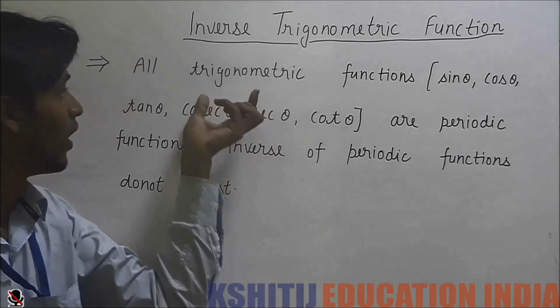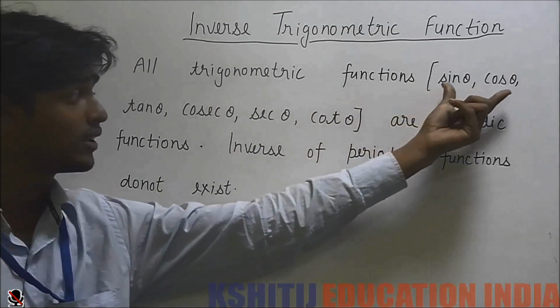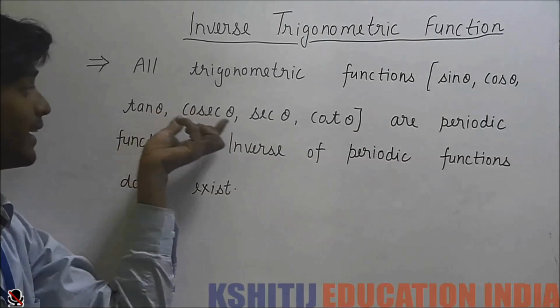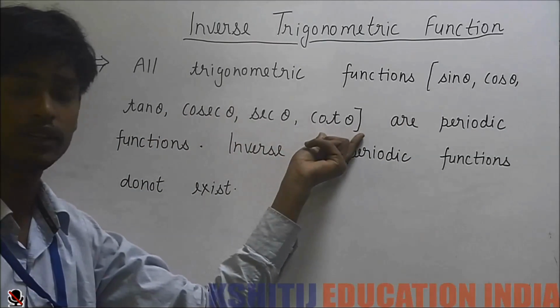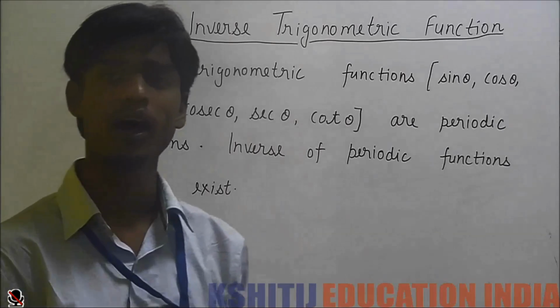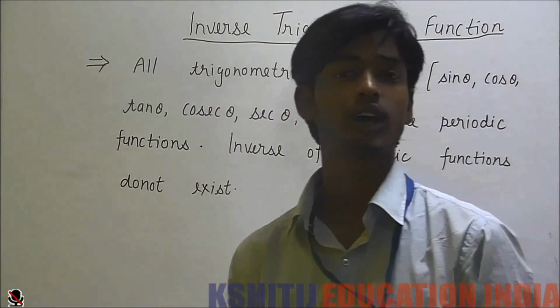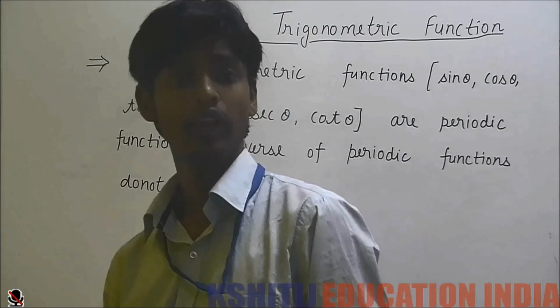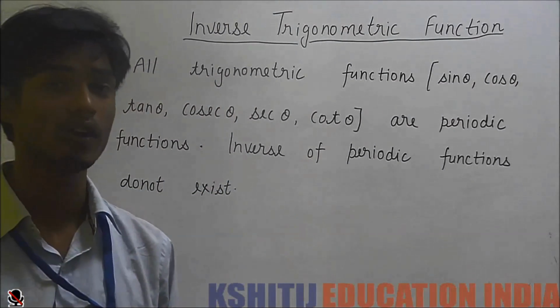Okay, all trigonometric functions such as sin theta, cos theta, tan theta, cosec theta, sec theta, and cot theta, we know that these are all periodic functions, and the inverse of a periodic function does not exist.